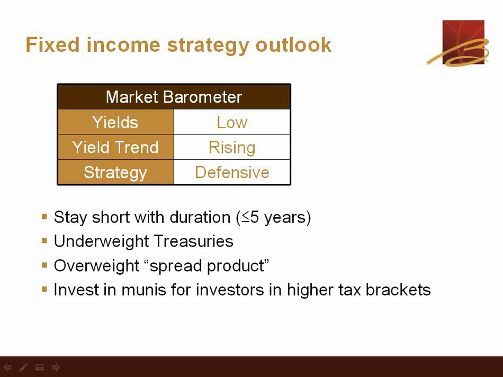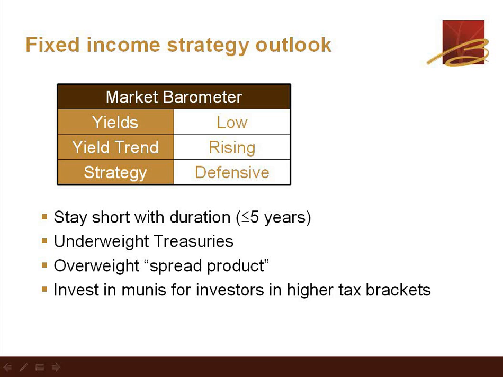Within our fixed income funds, we are staying short to intermediate in terms of duration, using funds with a duration of 5 years or less. And we want to underweight treasuries, which we view as being the most exposed to rising rates because they are so close to historical lows.